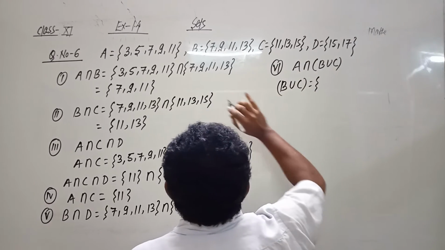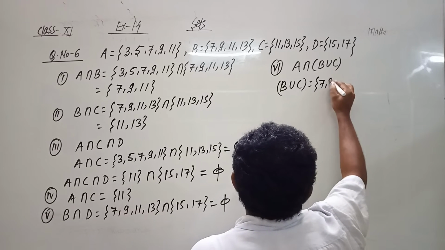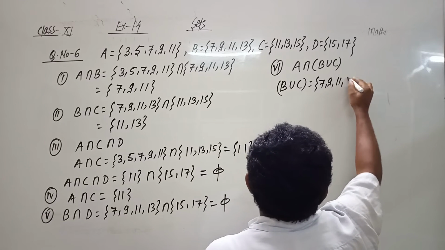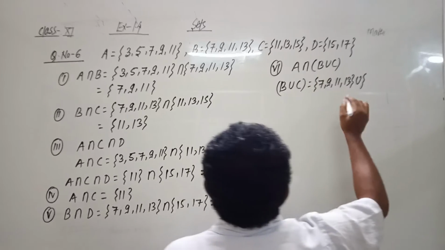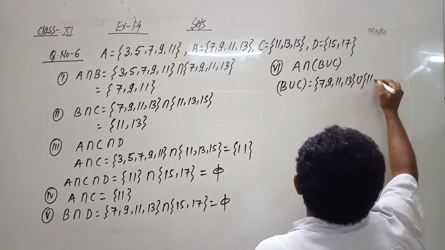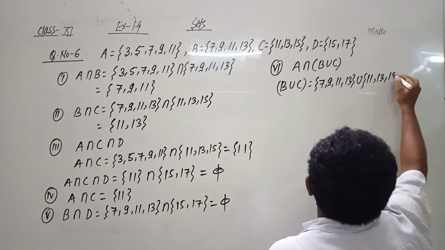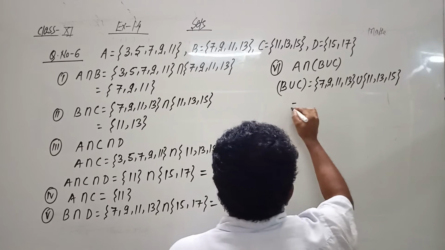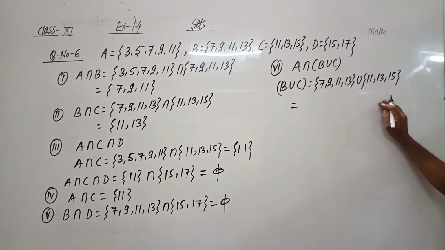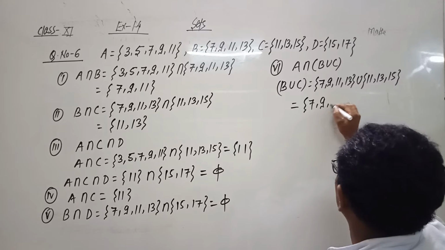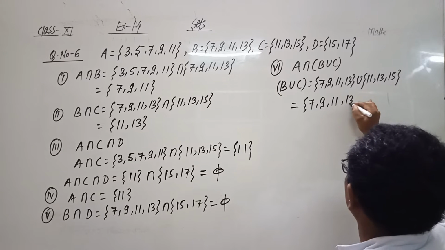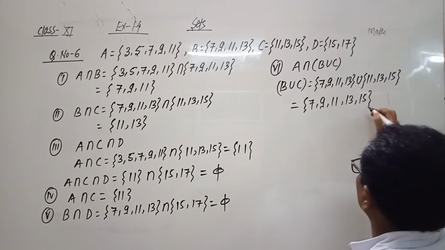Set B is 7, 9, 11, 13, union set C is 11, 13 and 15. In union we write all the terms, so all the terms means 7, 9, 11, 13, then 15.